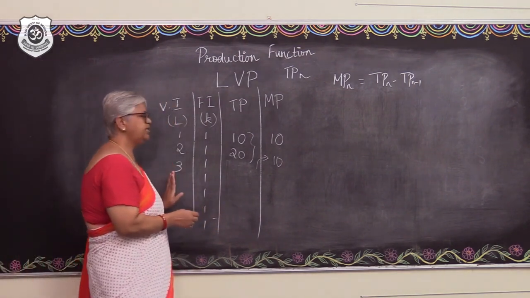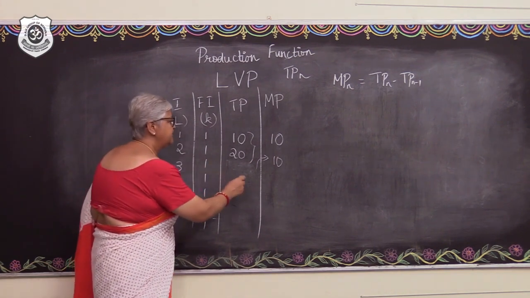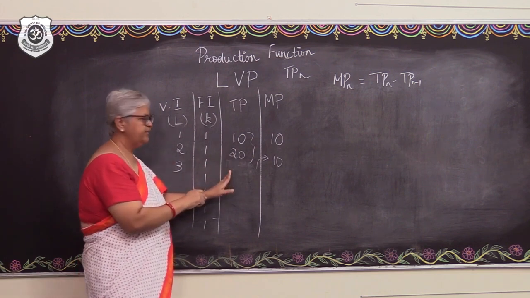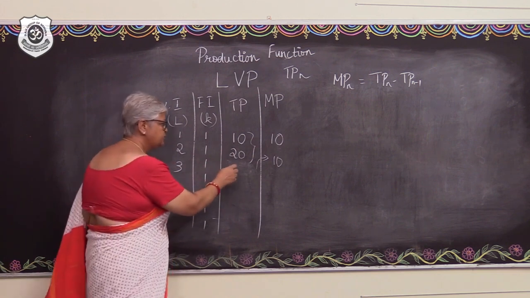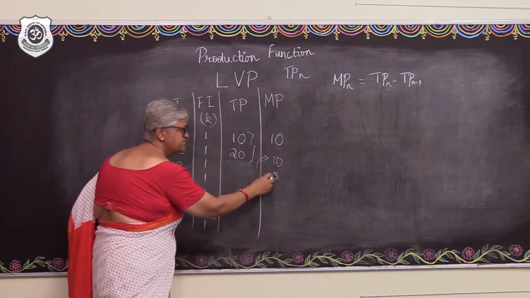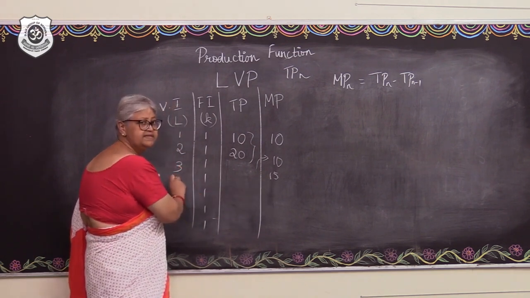So the third laborer who is going to be employed in the process of production, let's say, is going to contribute some more to the total product. And that is going to be say 15 units. What is this 15 here? That is going to be the contribution made by the third person.